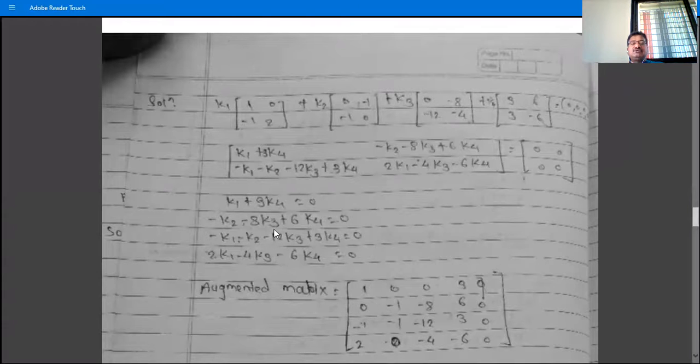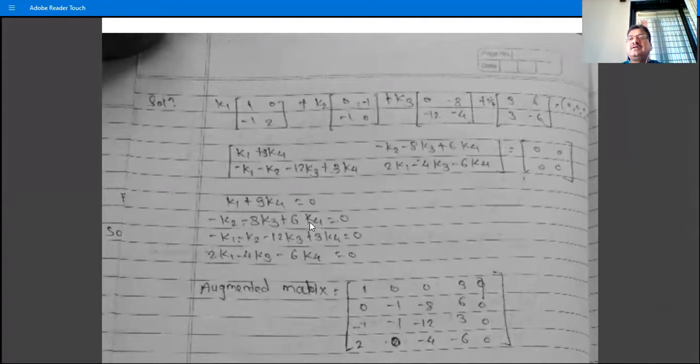In order to solve this system, form the augmented matrix. In order to solve any system, whether homogeneous or non-homogeneous, and whether the number of equations and unknowns are the same or different, in all cases we use the Gauss elimination method.